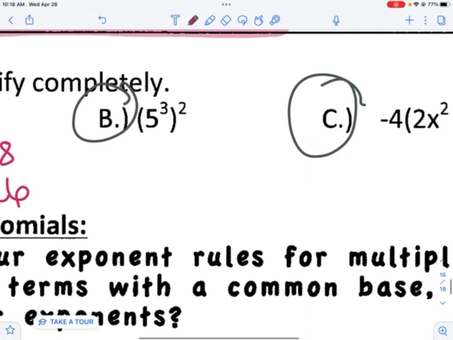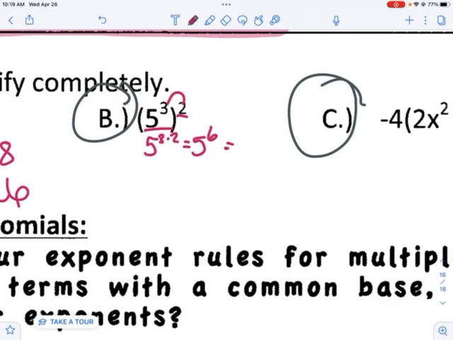And letter B, we have a power raised to a power, so we can multiply the exponents. So 5 to the 6th power, okay? And you can evaluate that. I believe 5 to the 6th power is 15,000 something. I'm not sure, I don't have my calculator near me.